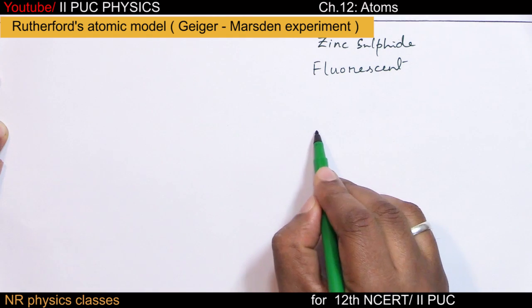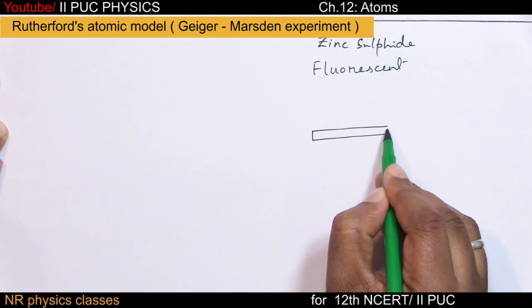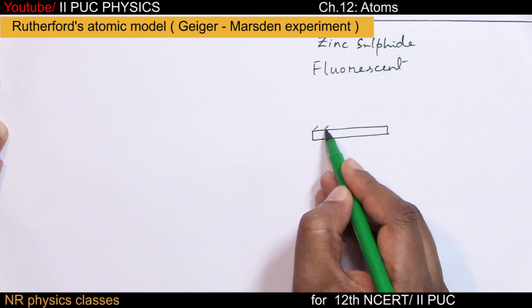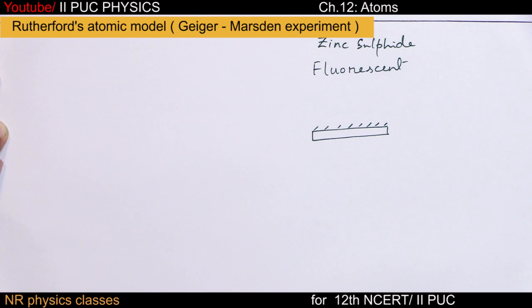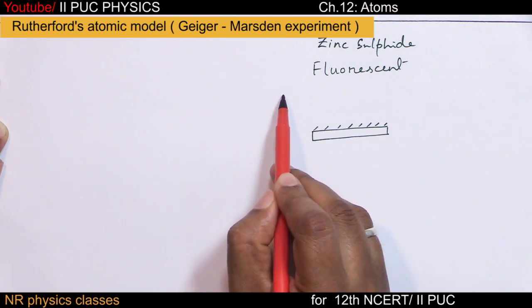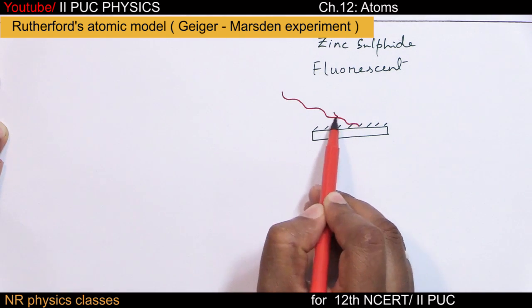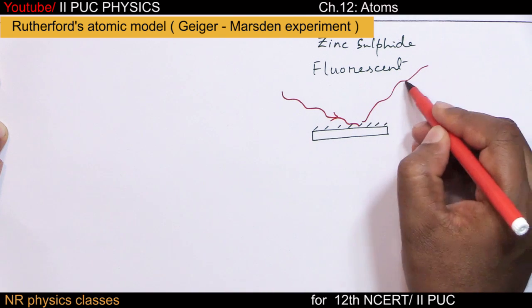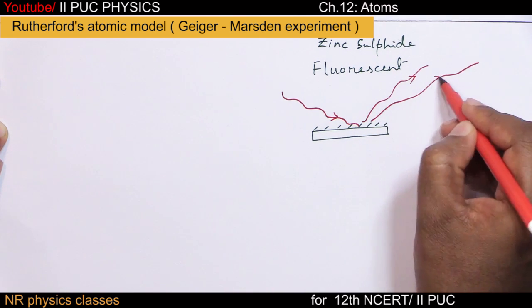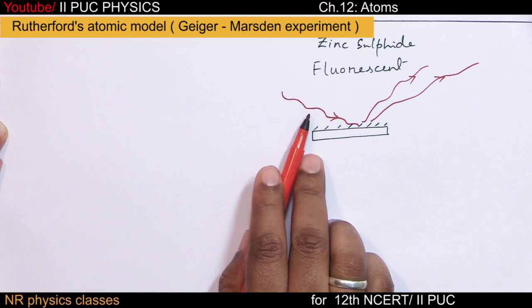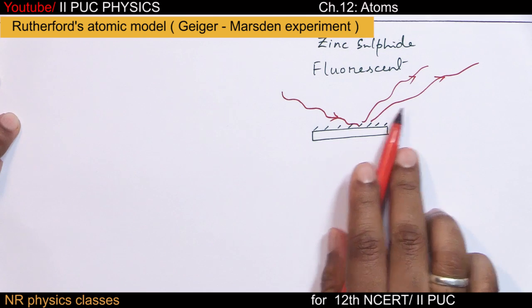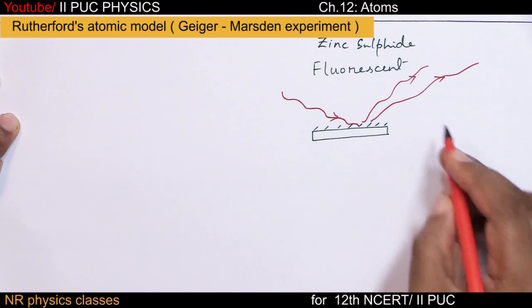If this is a glass plate, and on the glass plate there is a coating of fluorescent material, when radiation falls on the fluorescent material, there is emission of radiation. So immediate emission of radiation due to the incident radiation of suitable energy or frequency is called fluorescence. Delayed emission is called phosphorescence.